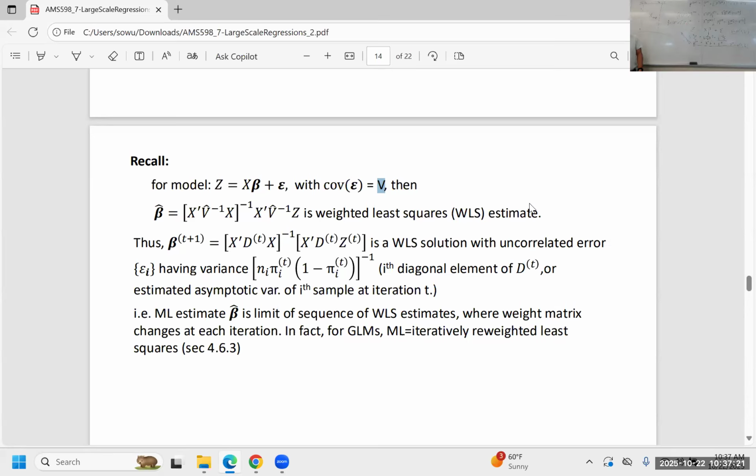Now, if you plug in X star, inside here it is just X transpose V to the half, because V is a covariance matrix and symmetric, so its transpose is itself, times V to the half of X, inverse, times X transpose V to the half times V to the negative half times Z. Which becomes (X transpose V inverse X) inverse times X transpose V inverse Z. If V is diagonal, then this becomes exactly the form we have here.